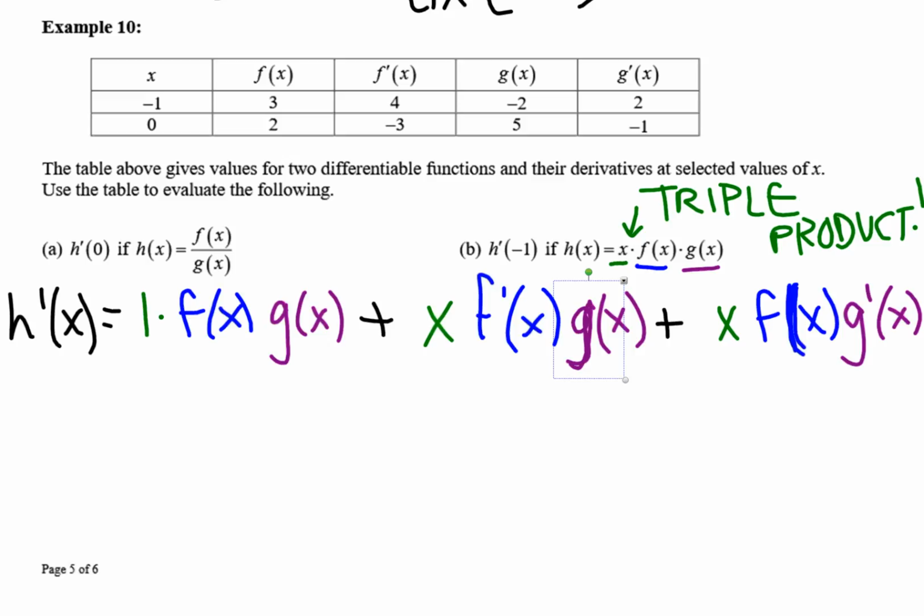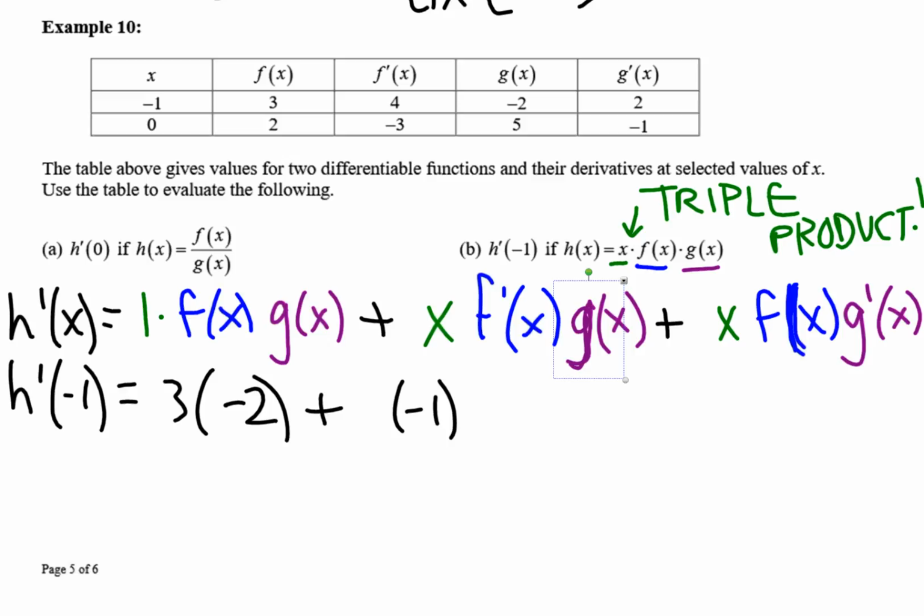Now you're just going to be plugging in numbers. So we're trying to find h prime of negative 1. So f of negative 1 is 3. g of negative 1, negative 2, plus negative 1 times f prime of negative 1, 4. g of x, negative 2.